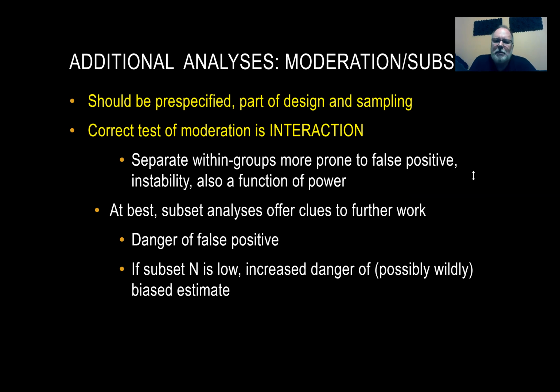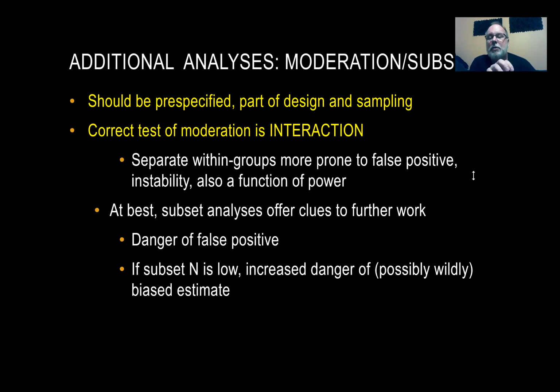everybody wants to do moderation and mediation, in my experience, and that's fine. Everybody's interested in mechanisms. Everybody's interested in whether there's a subgroup that might be better served by the intervention than another. The correct test for moderation is to use an interaction term.